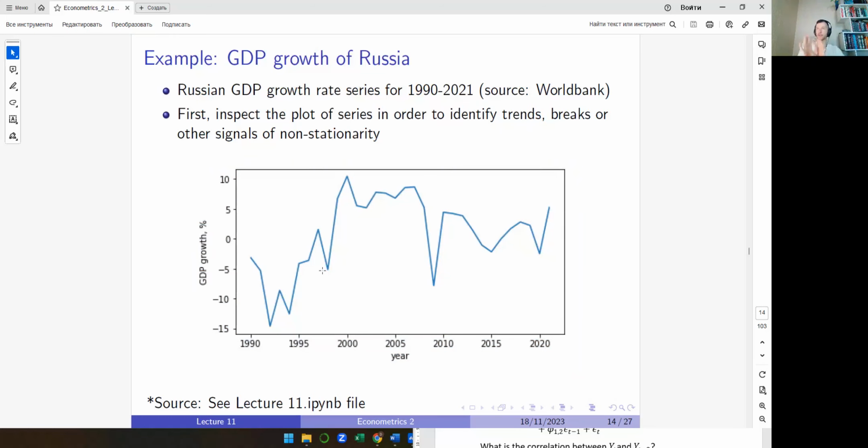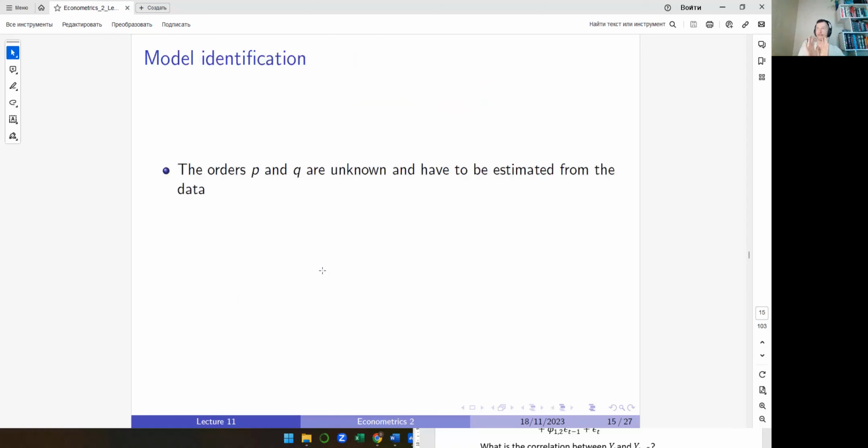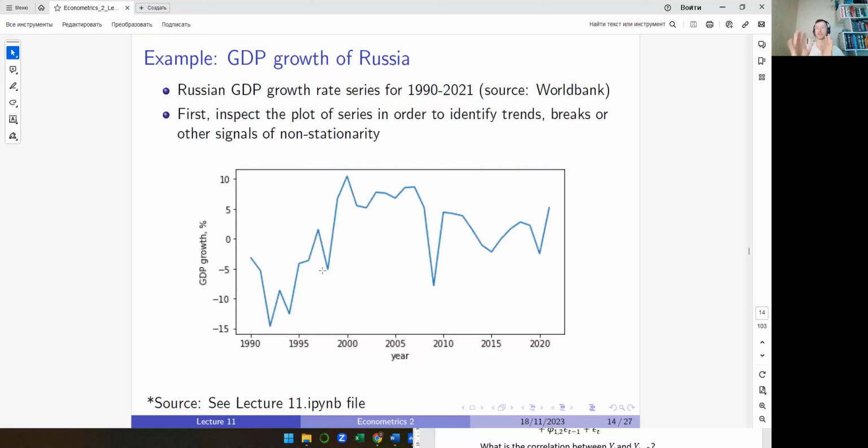For now, let's put it aside and assume that we are working with stationary series, because we know nothing about non-stationarity, all these breaks, trends. We would come back to this question in the next lecture, next Saturday, where we've planned to speak about non-stationarity issues. So let's now concentrate on this.